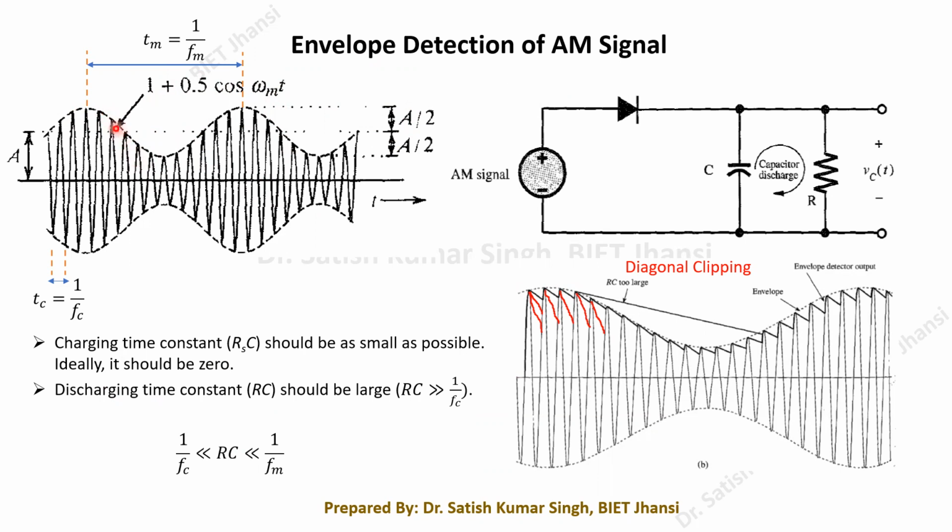If you draw the tangent of any curve, that becomes the slope of that curve at that particular time. So we can calculate the slope by differentiating the equation. The envelope is represented as Ac(1 + mu cos 2 pi fm t).